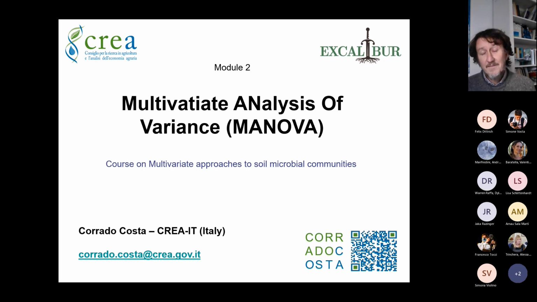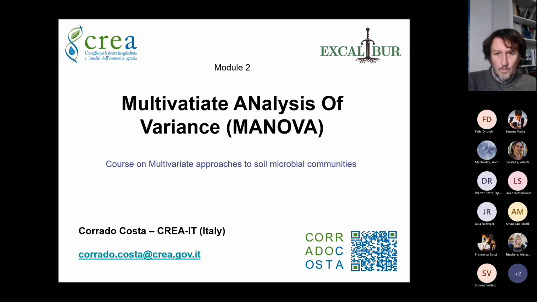Before we arrive at MANOVA, I would like to introduce you to the general questions on the analysis of variance. So I prefer to start from the univariate approach just to introduce you to the basic concepts.